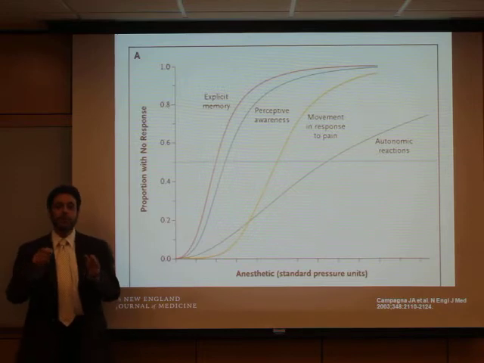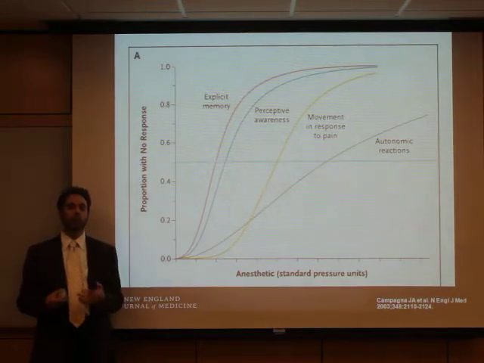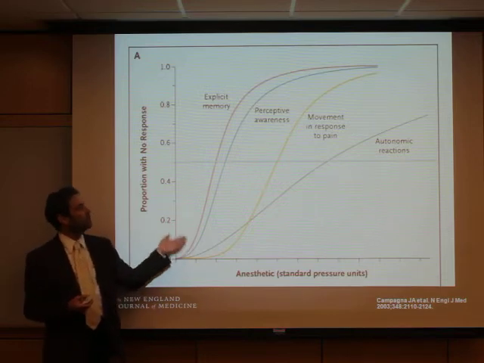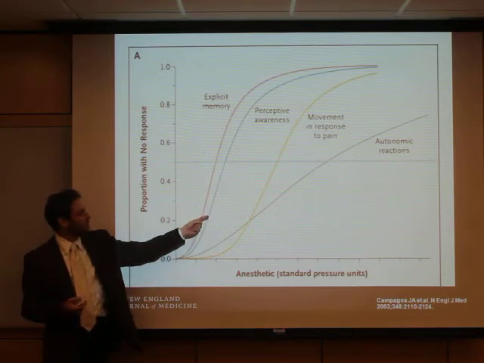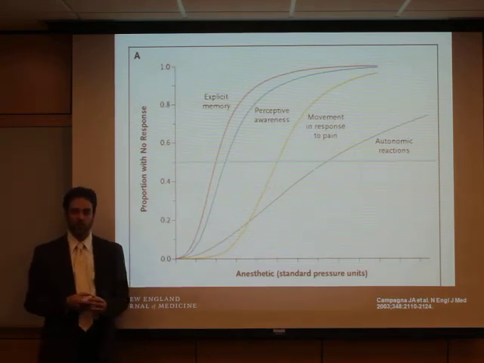So if you give enough volatile anesthetic, for example, that you would prevent movement, it is extremely likely that you would also prevent perceptive awareness and awareness with subsequent explicit recall.